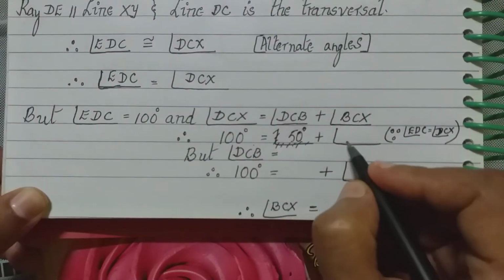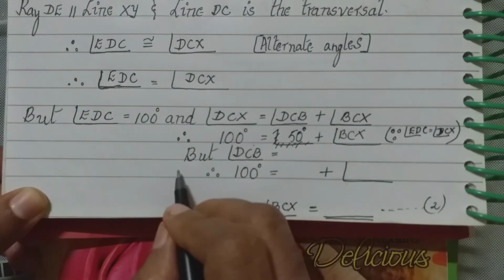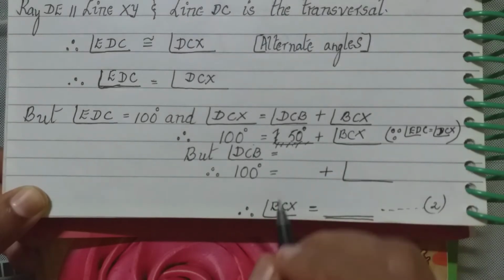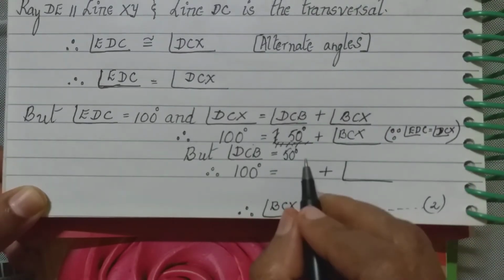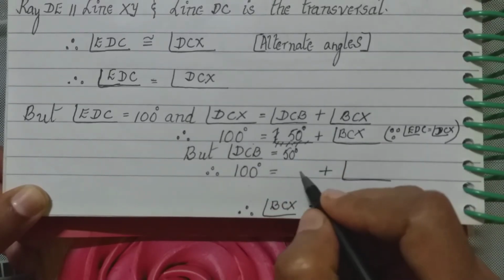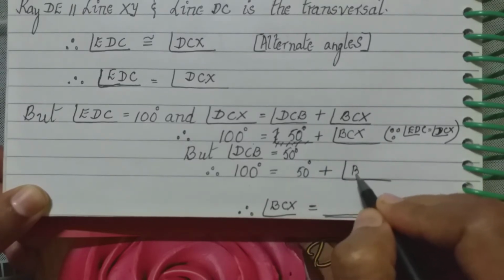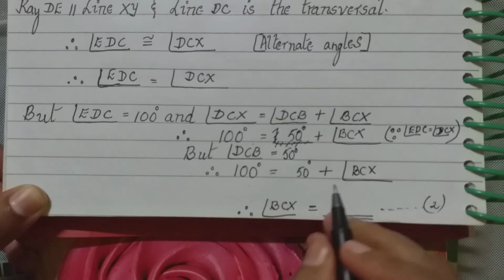We have to find out what angle BCX is, so write BCX as it is. But angle DCB is equal to 50 degrees, which we have already substituted. Therefore, 100 degrees equals 50 degrees plus angle BCX. So now when I want to find angle BCX, how will I find it?